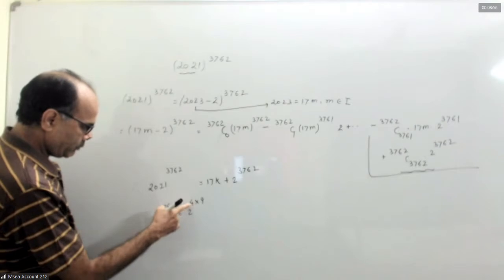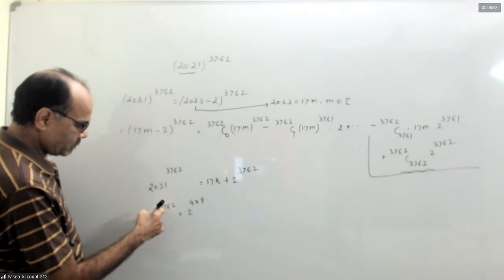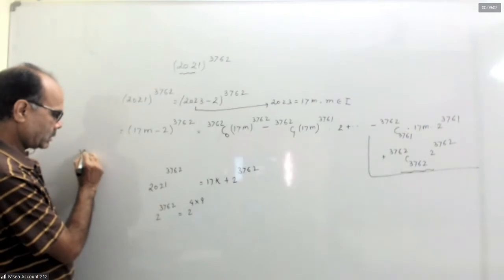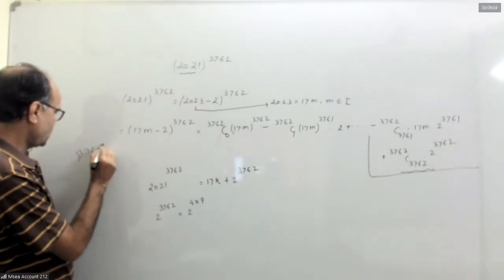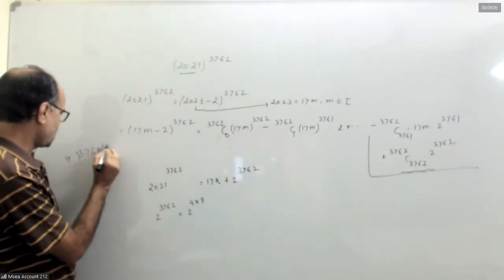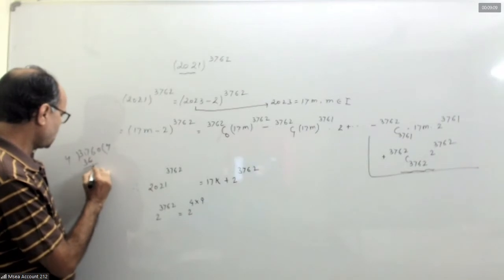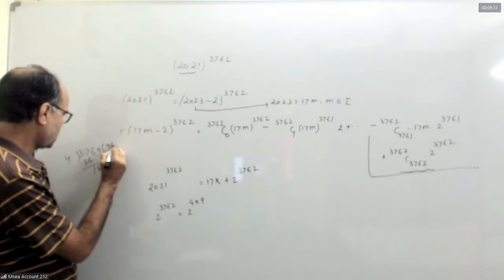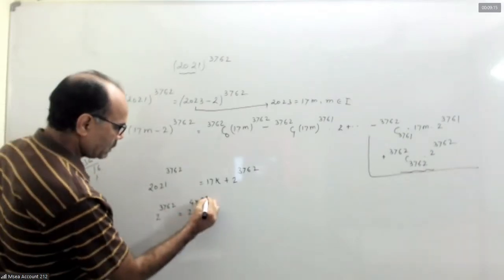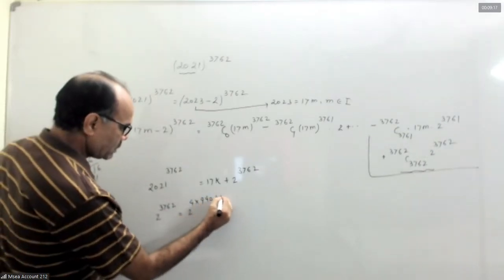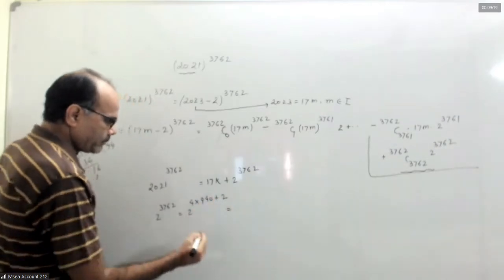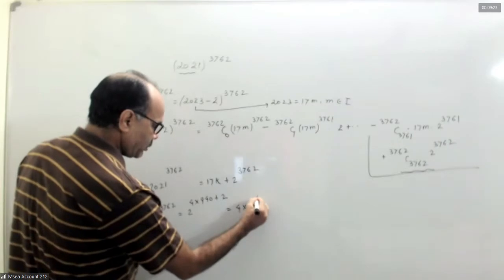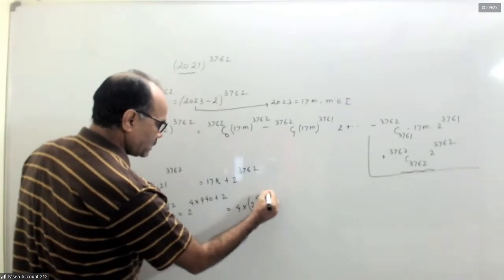Divide by 4, 940. Four into 2 to the power 4 to the power 940.